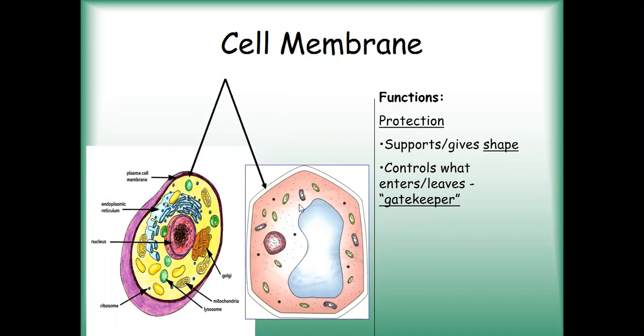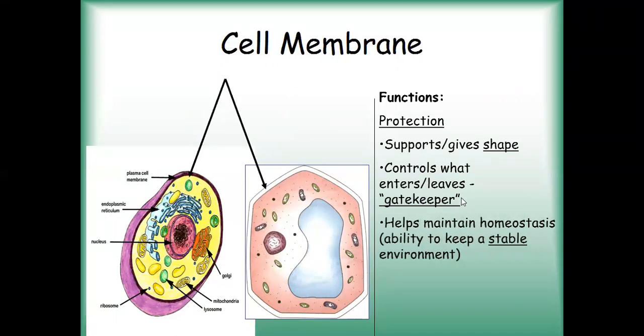Whatever has to enter the cell, or the substances which have to be thrown out of the cell, depends upon the cell membrane. So it acts as a gatekeeper. It helps maintain homeostasis, the ability to keep a stable environment. Homeostasis means it always maintains a stable or steady environment, and that is also done by the cell membrane.